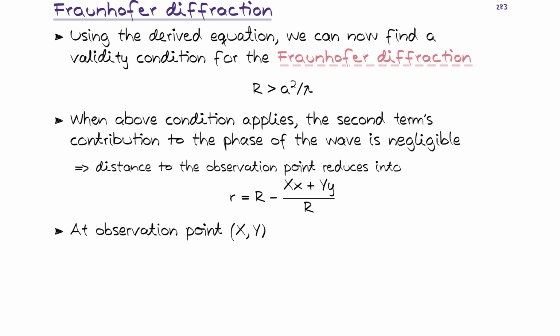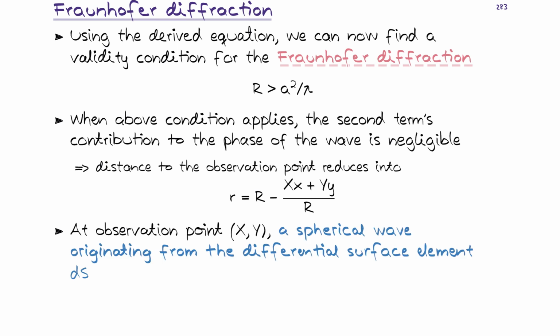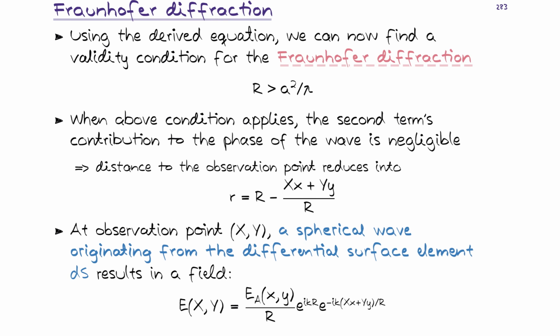And now we're looking at the observation point. That's where light is being diffracted. And here, essentially how it's being diffracted, that it's a spherical wave originating from the differential surface element location, ds. And now we can really write our integral, or maybe better, let me put in the equations here first. So essentially now, yes, this is a wave originating from this one single location corresponding to the differential surface element.